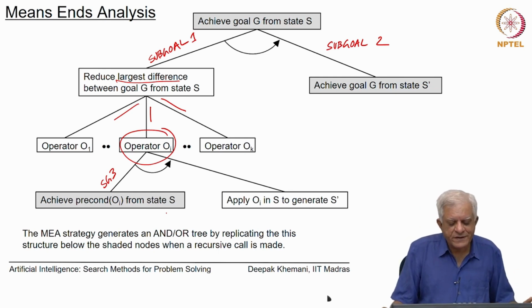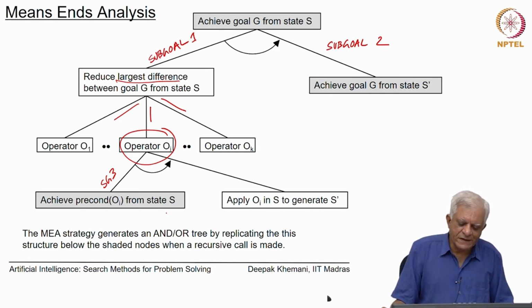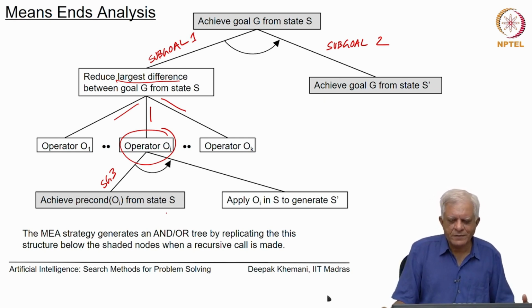In the next few classes, we will look at approaches to problem solving, where again you decompose a problem into sub problems and solve them in a piecewise fashion. And in doing so, we will do two things. We will look at how rule based systems try to solve parts of problems, eventually working out the whole.